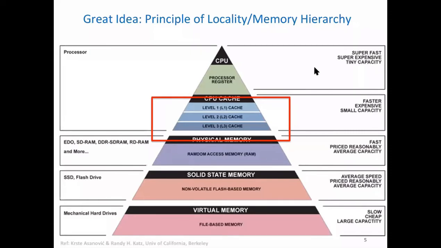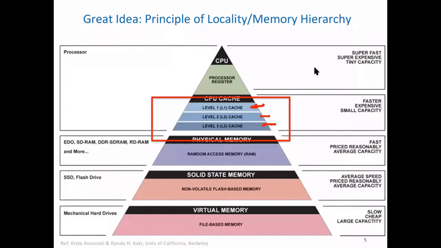Then below that is level 2 cache, and then we have level 3 cache. And we have seen yesterday that level 1 cache is very small and very fast. Then level 2 cache is comparatively bigger and less fast, and level 3 is still bigger and still less fast. It means it's slower.